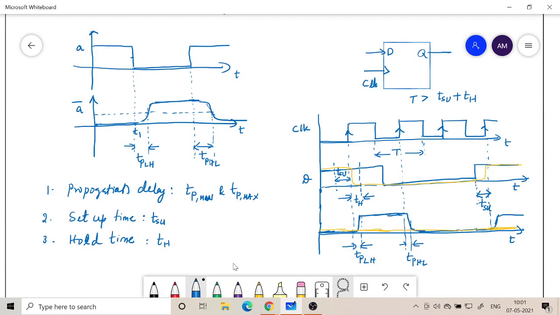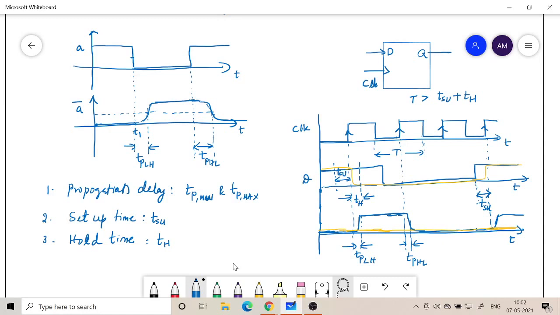Another thing is that we should also consider the delay for this output to change after the input is given. Suppose this output is given to the next stage, then this output is actually taking place after a TP delay.